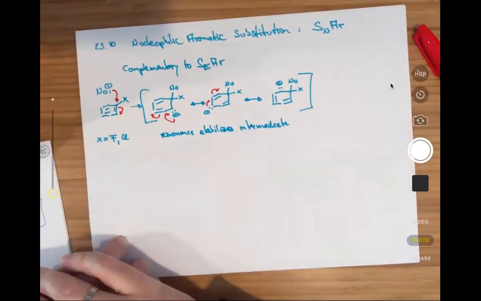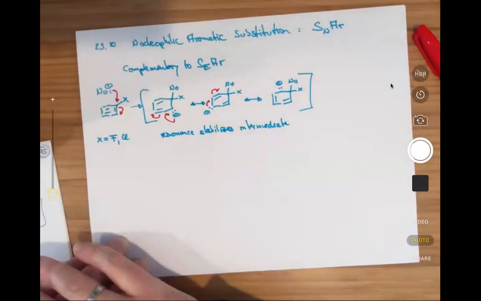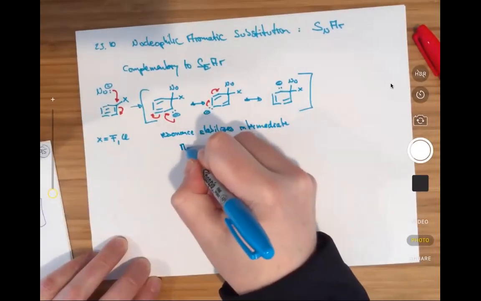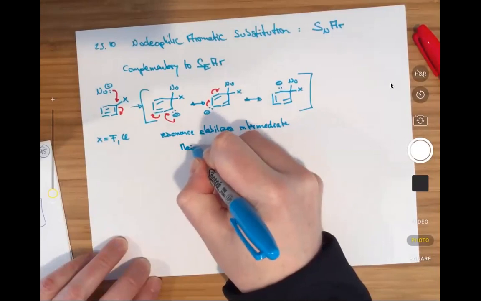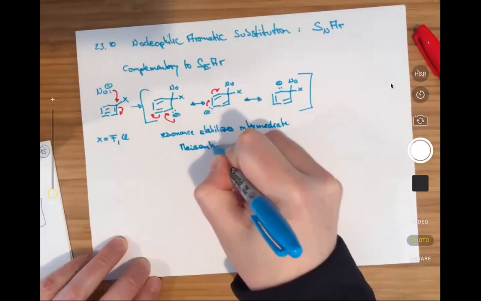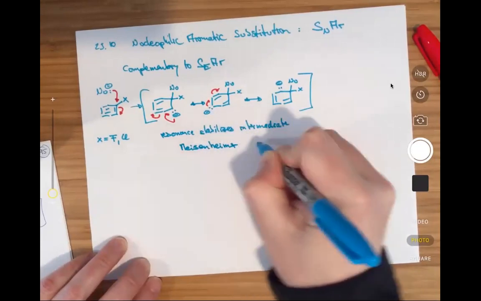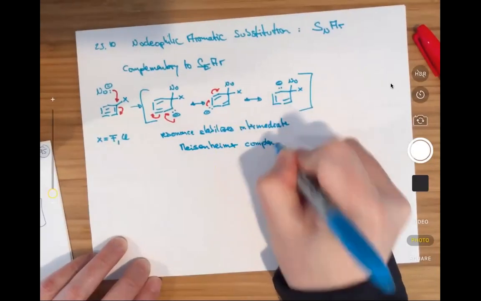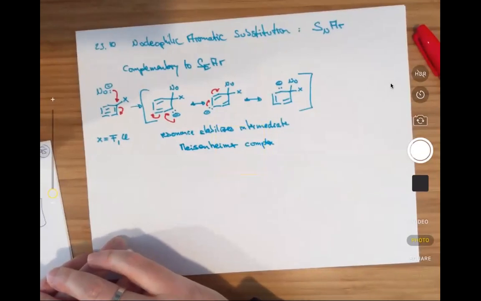And analogous to the electrophilic aromatic substitution, this intermediate state, this charged intermediate state, has a name, and we usually call this in chemistry the Meisenheimer complex. Right. Now, what happens at the end?